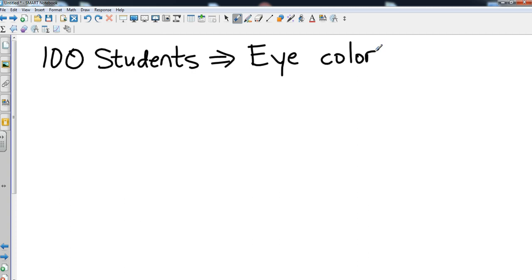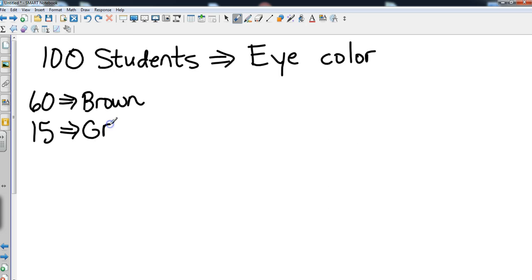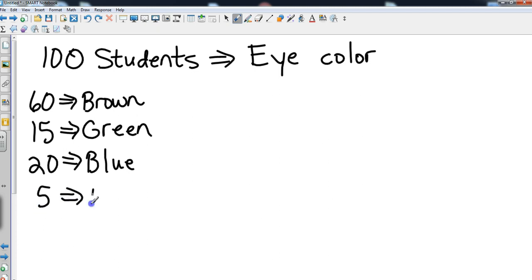Let's say 60 of them were brown, 15 of them were green, so that's 75%. Let's say 20 of them were blue, and so that's 95%. Let's go with 5% are hazel.